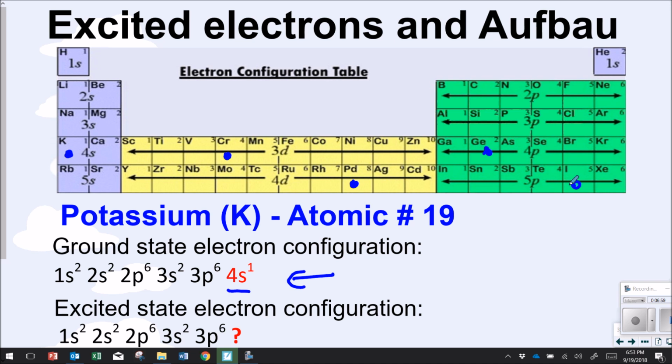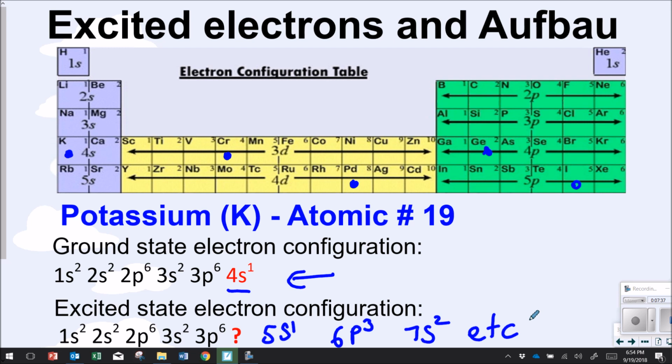So an excited state electron configuration for potassium could be 3p6 and then 5s1, let's say, or 6p3 or 7s2, etc.